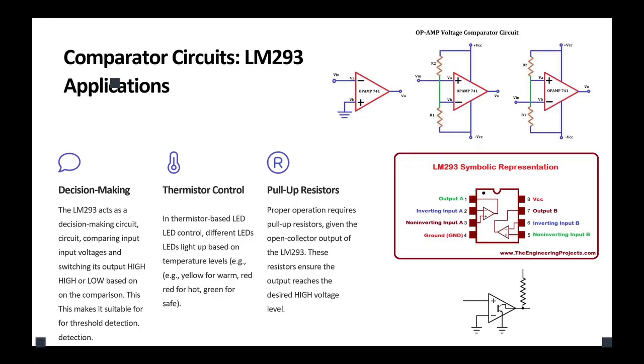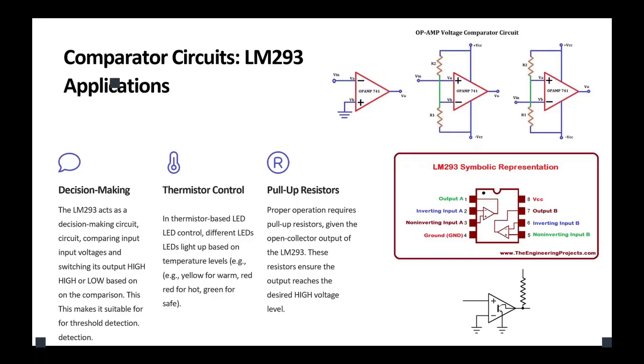If the non-inverting one is greater than the inverting one, the output goes high. If the inverting one is greater than the non-inverting one, the output goes low.